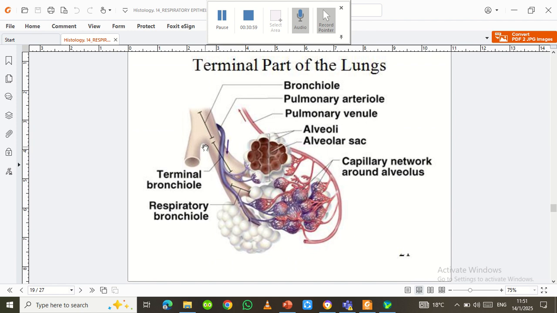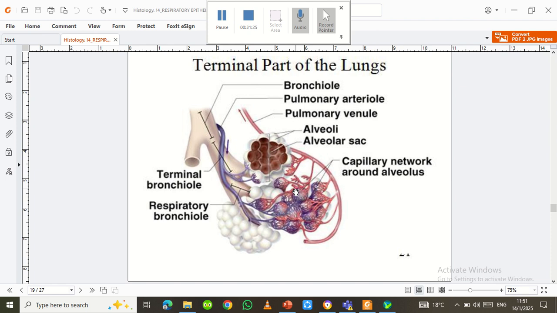Right? So you can appreciate this is going to be your bronchial and then your terminal bronchi. Once you have the alveoli, it will be a respiratory bronchi, and then your alveolar duct, the alveolar sac, and the alveoli. Appreciate there's a rich vascular supply to your alveoli.